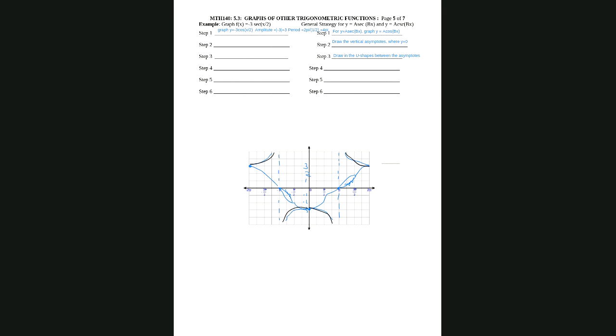Okay, and now if you want to graph y equals a times the cosecant of b times x, start by graphing y equals a times the sine of b times x.